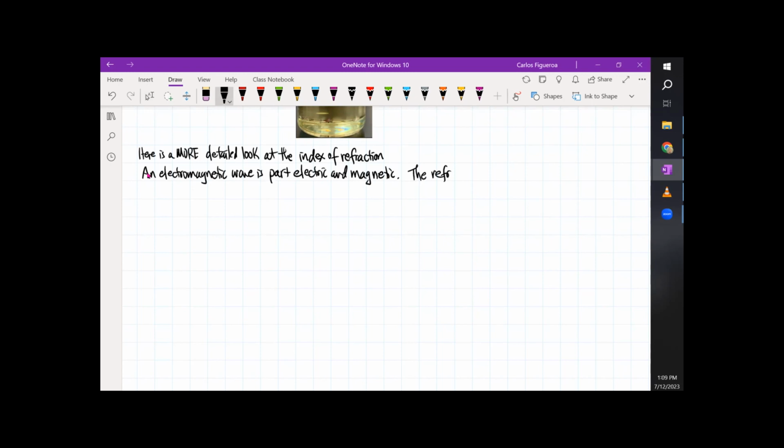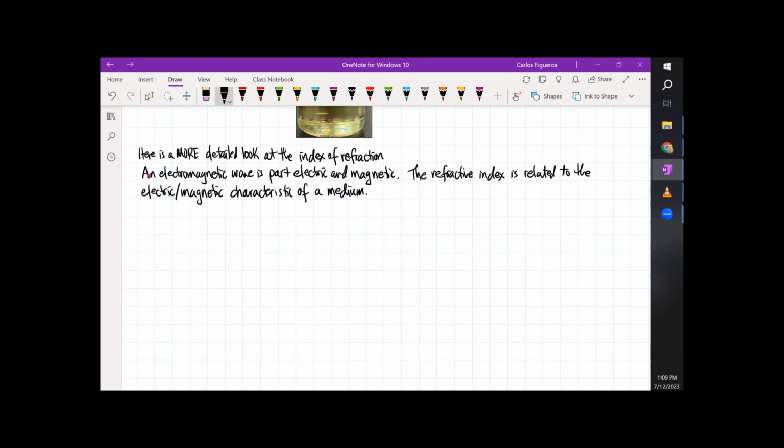The refractive index is related to the electric/magnetic characteristic of a medium.